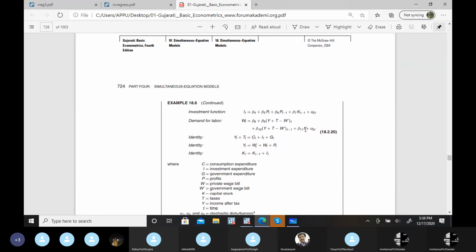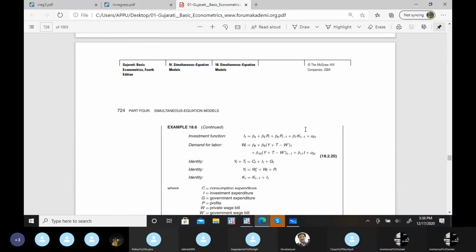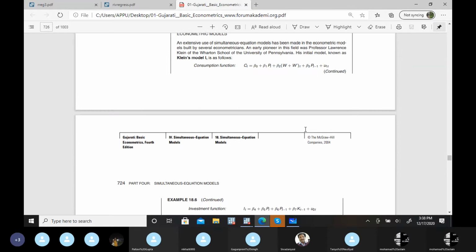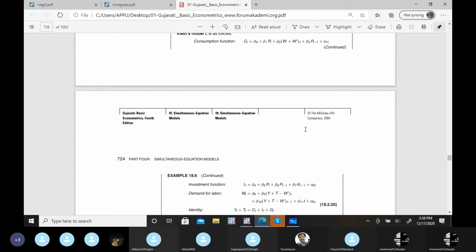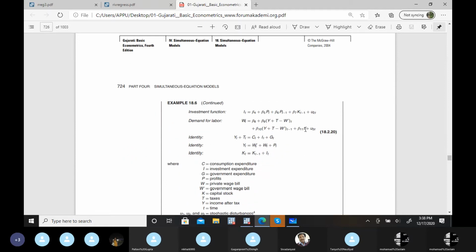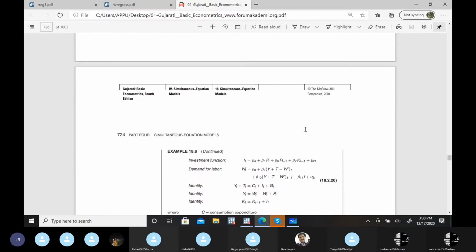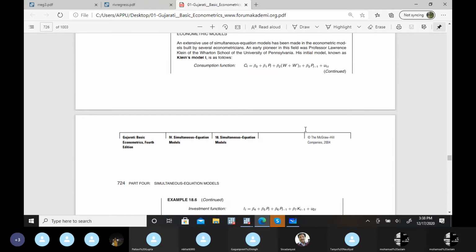And the endogenous variables: K t, Y t, then W t, I t, and in the beginning we have consumption. 5 endogenous variables. Now from the first equation, the excluded predetermined variables, only P t and P t minus 1 are here. So K minus k is 3, and m minus 1 is 4.